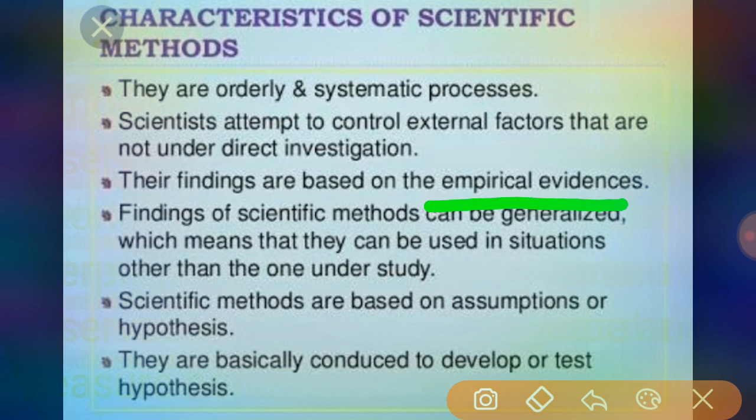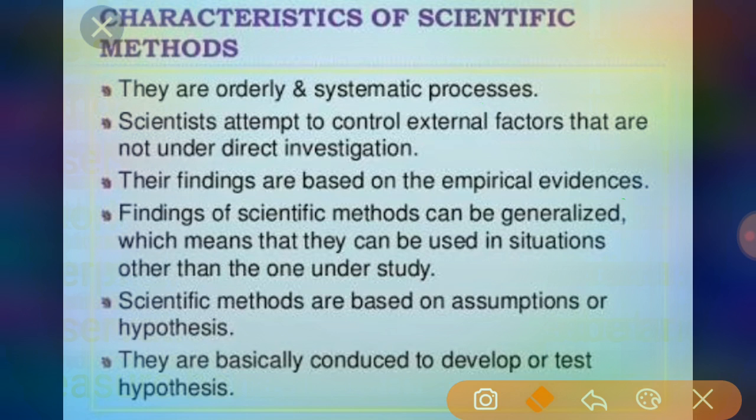Evidence based means it should be available for clinical guidance for decision making. Then the fourth one is that the findings of the scientific method can be generalized, which means they can be used in situations other than the one under study. They are generalized so that they can be used in other kinds of situations.